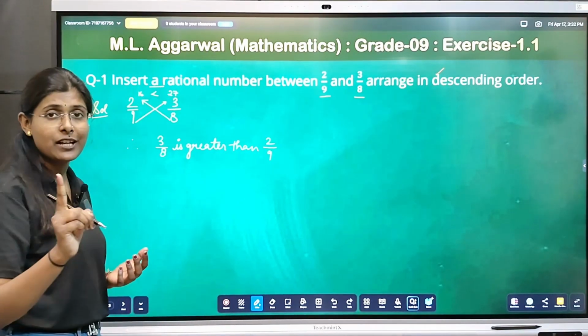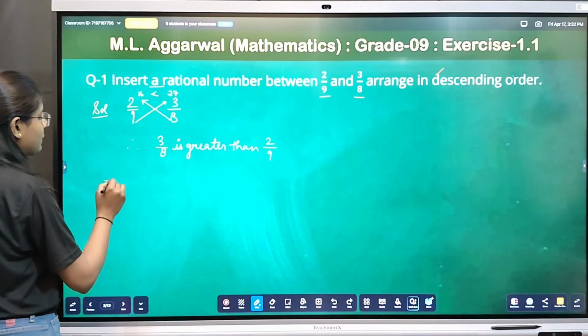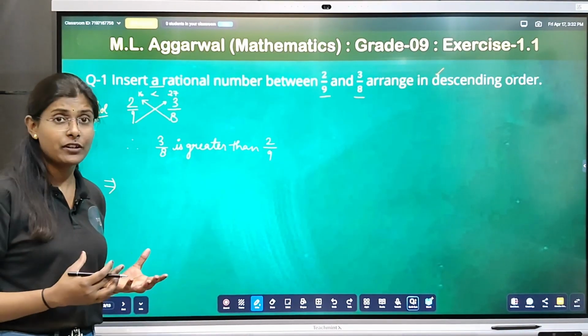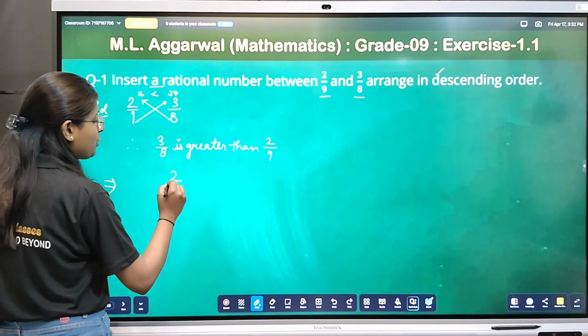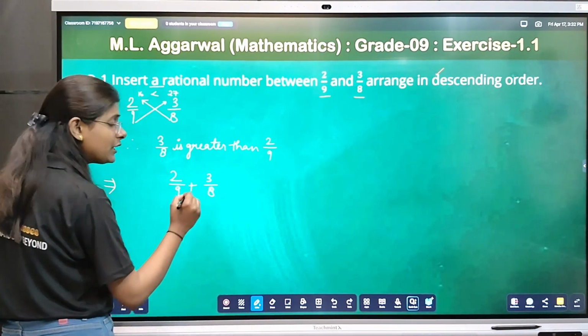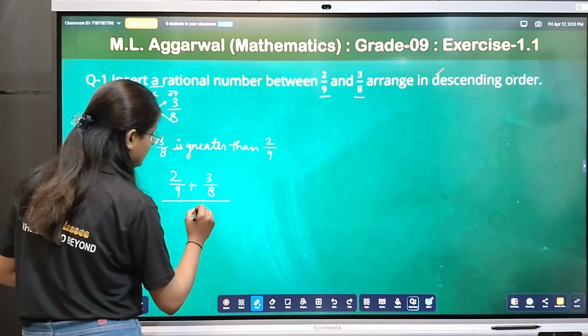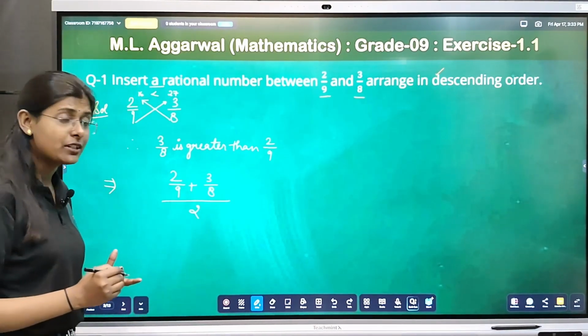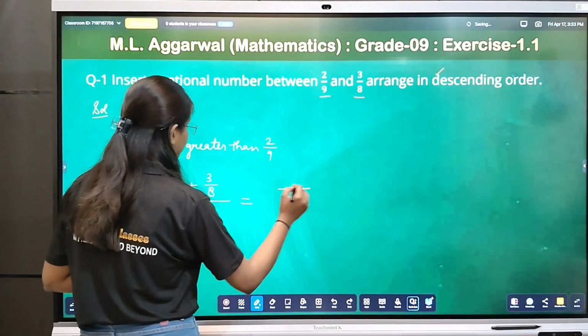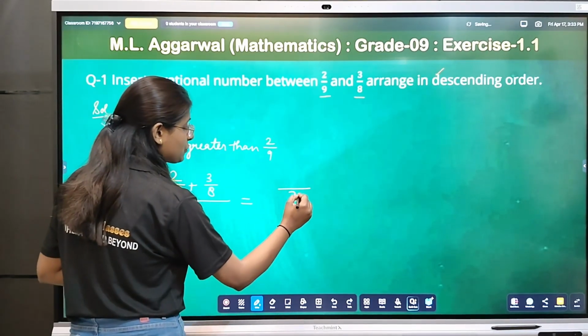We just need to find one rational number. How to do that? Because they are demanding only one rational number, we will be using the mean or average method. 2 upon 9 plus 3 upon 8. Add both the numbers and divide by 2 using the concept of average. Now, you need to take the LCM of 9 and 8, that is 72.